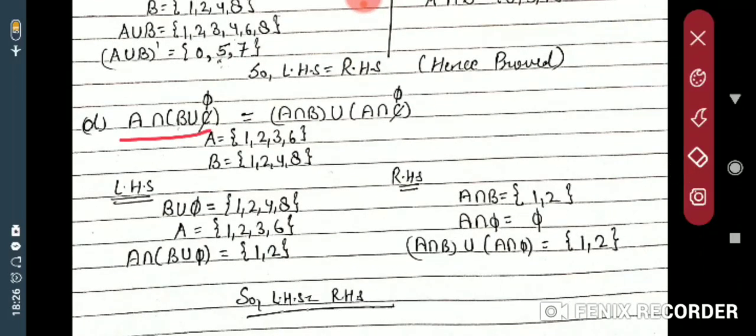Here, A intersection bracket B union empty set. So first what will you solve? We will solve the bracket. So B union empty set. Empty set means there will not be any element. So the union of B and empty set will be 1, 2, 4 and 8.